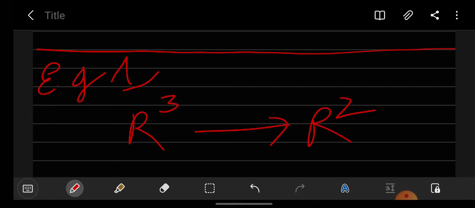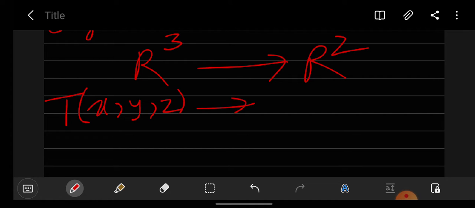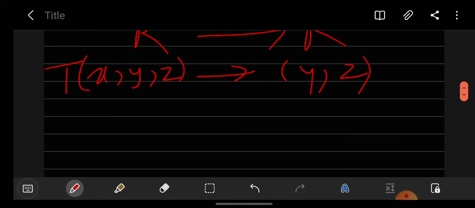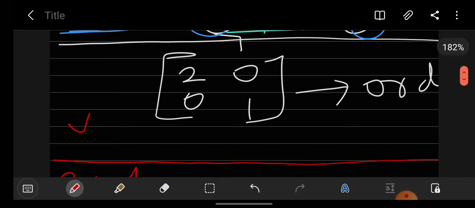If you get this type of question, let's suppose we have T(x, y, z) mapping to (y, z). In this question, gamma is equal to beta. Why is gamma equal to beta?